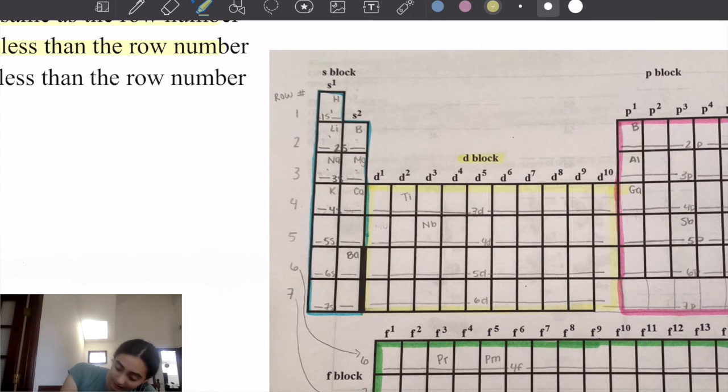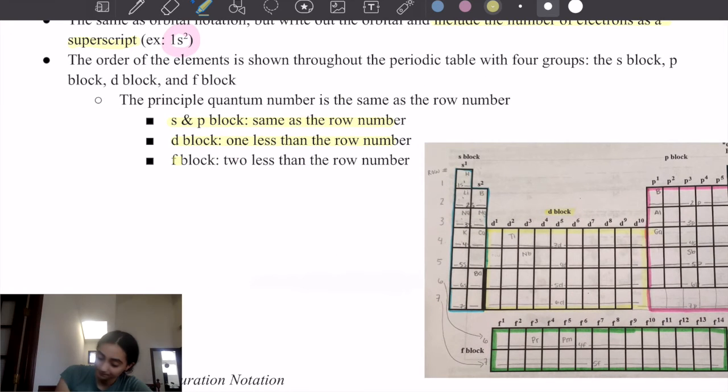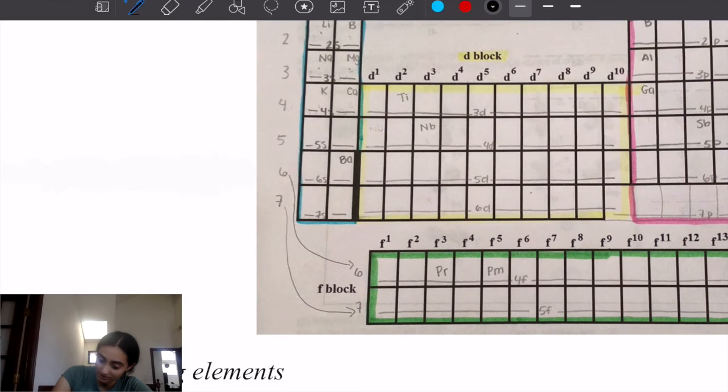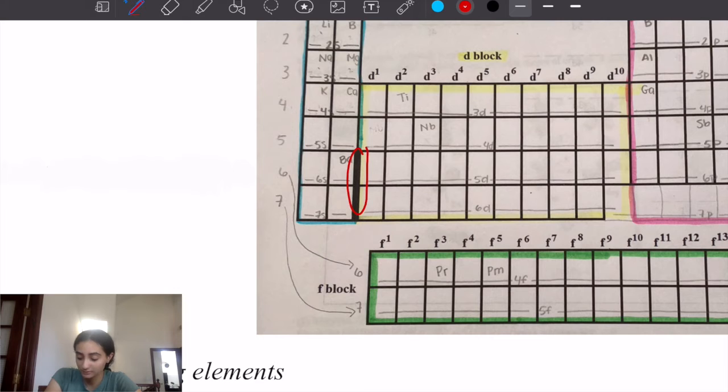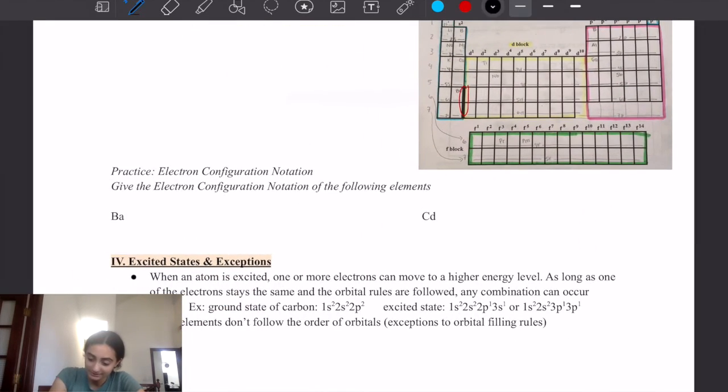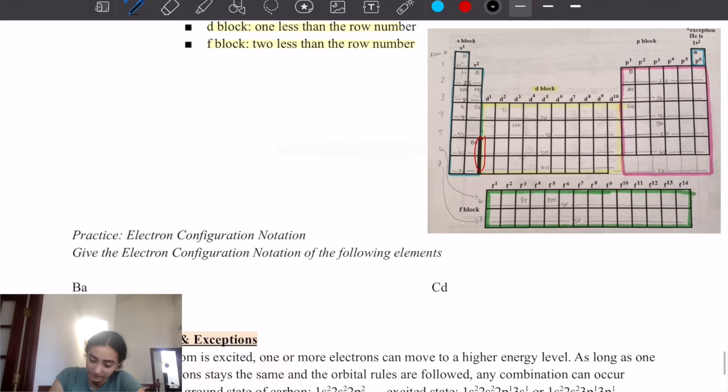And the F block is 2 less than the row number. But as you can see, the F block fits into right here. So the 6th row, the 4F block would be in the 6th row if it was actually in the main chunk of the table. Okay, so now we're going to practice with electron configuration notation.